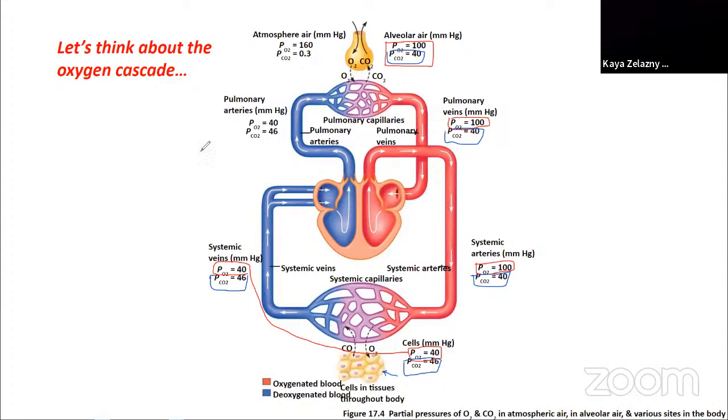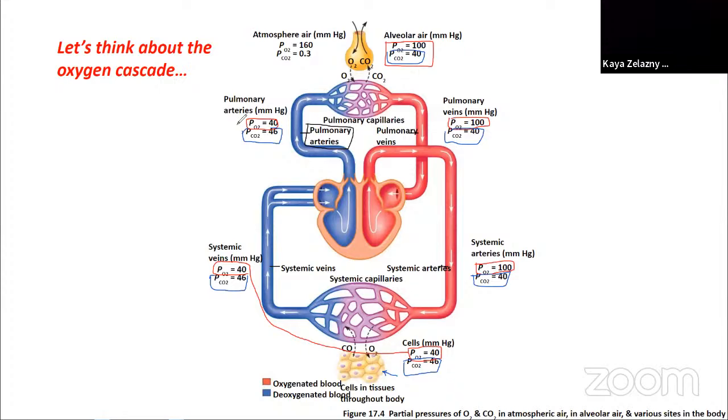So if we're very specifically thinking about a pulmonary artery, still deoxygenated, we're still at a partial pressure of oxygen of 40, because we haven't gained any oxygen yet, because we haven't passed an alveolus. Still at a partial pressure of carbon dioxide of 46. No gas exchange has happened here, still in the pulmonary arteries.